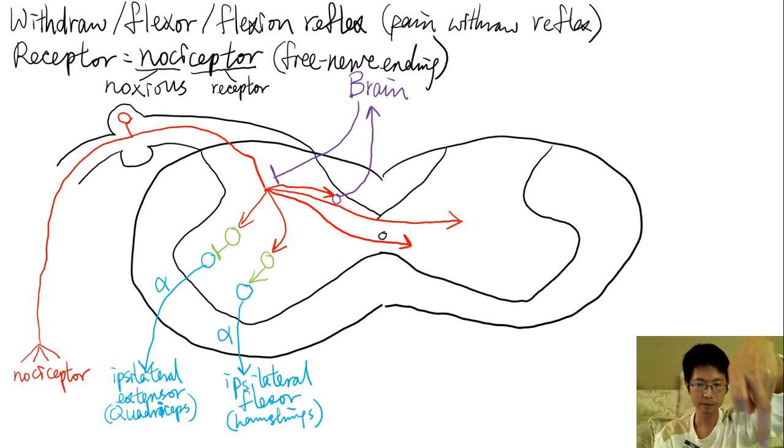What about the opposite end? The opposite side, you have a similar but opposite thing happening. You have an inhibitory interneuron here. You have an excitatory interneuron here.